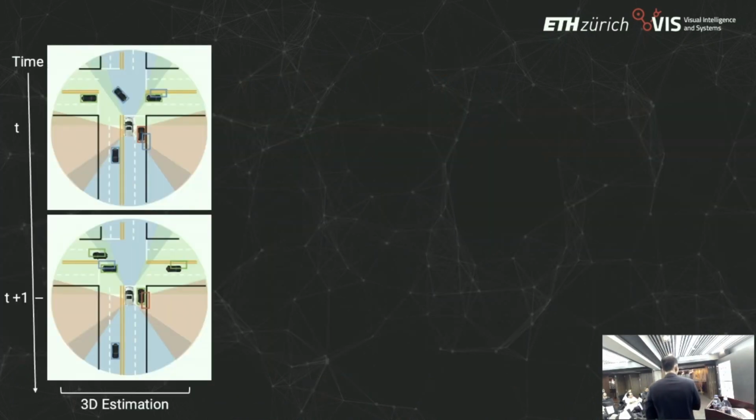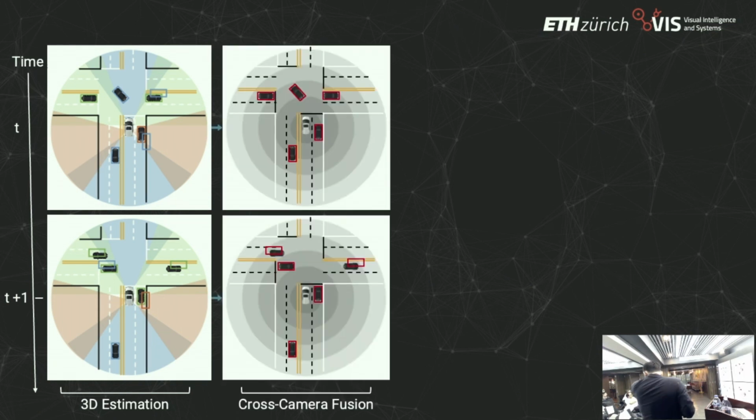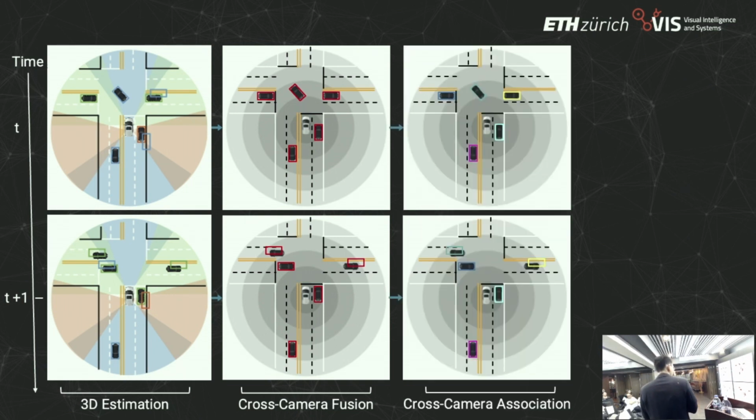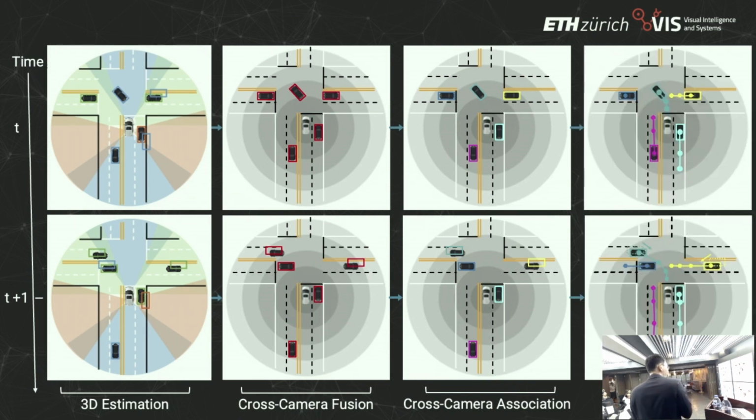So essentially, when we have multiple views with some slight overlap, when we detect the bounding boxes or track each individual car, we can first track the cars across the cameras, and find their association across the cameras, and then track the cars across different frames to find out their trajectories in 3D.